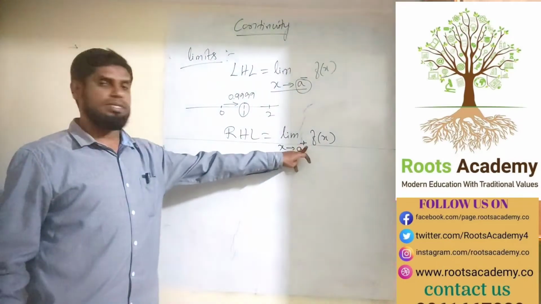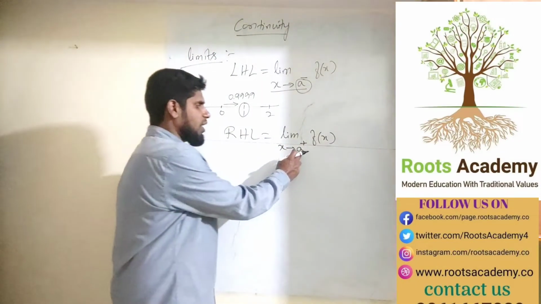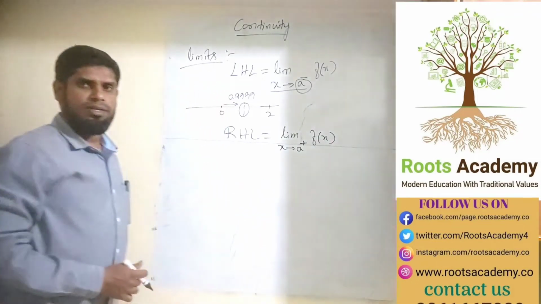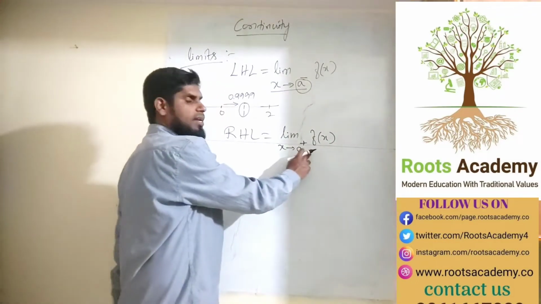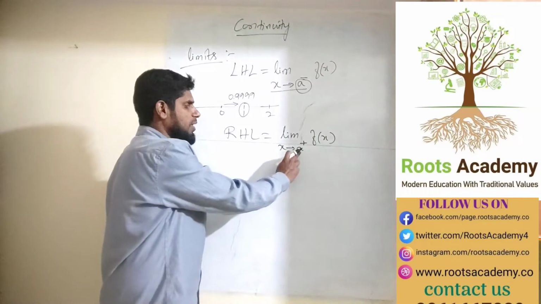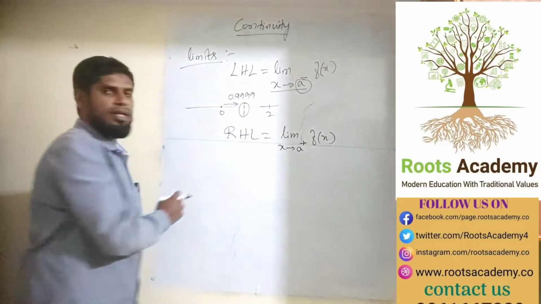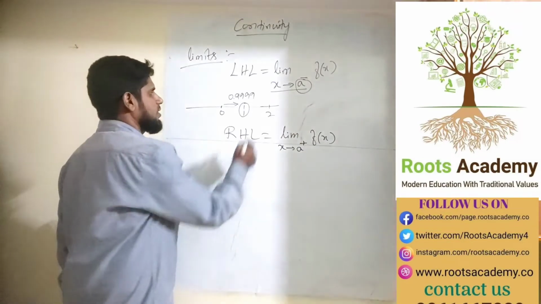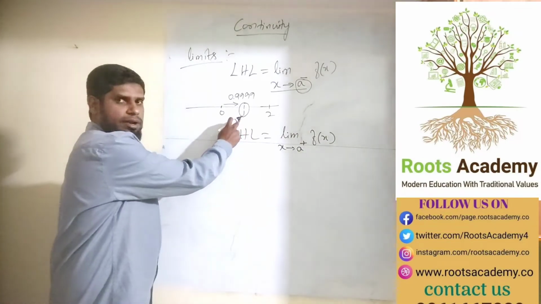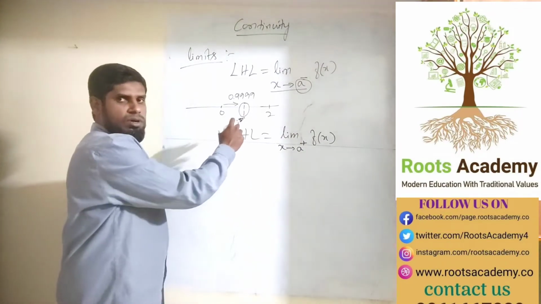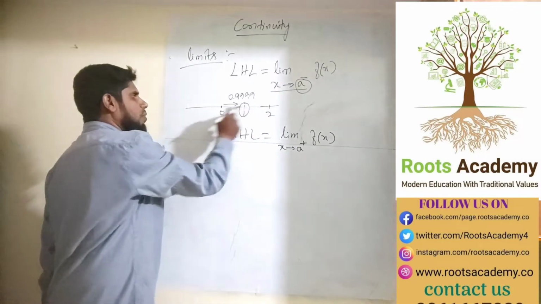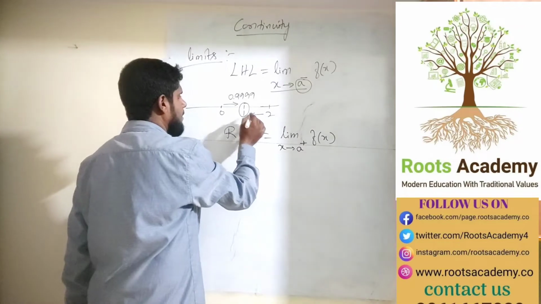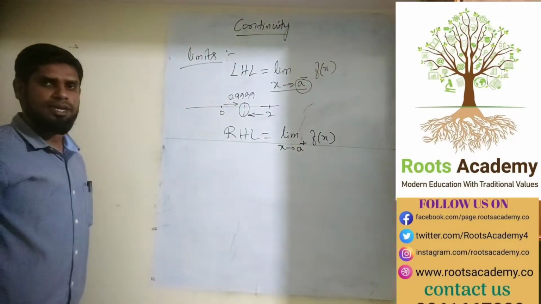Here it is plus, which means whatever value we have taken, we take a little bit greater value than that, but approximately equal to it. Then the value is coming from the right hand side. If I stick to 1, then the value of x is approaching towards 1 from the right hand side.